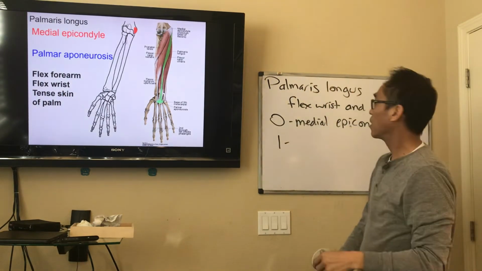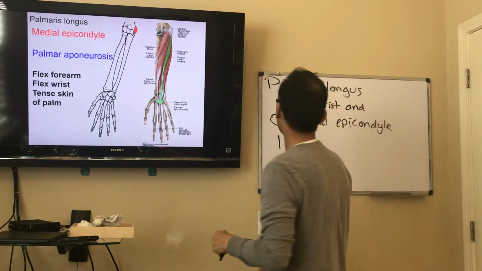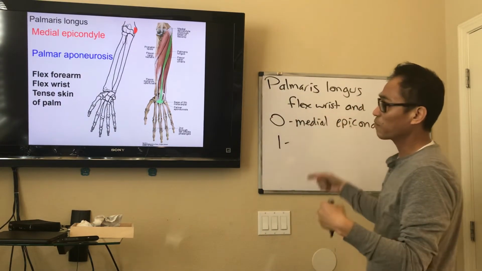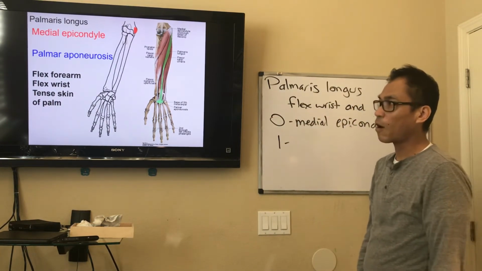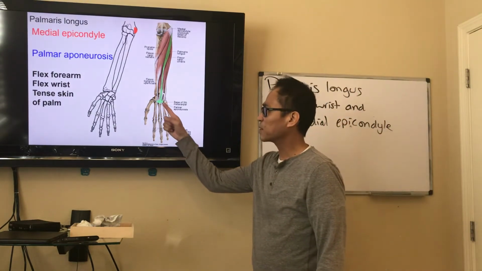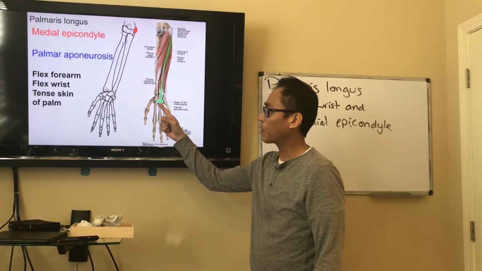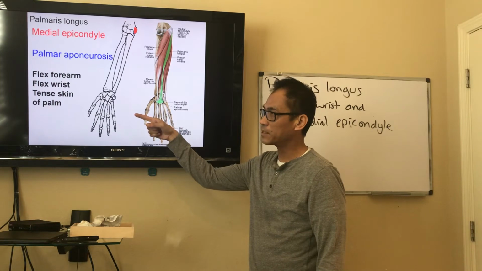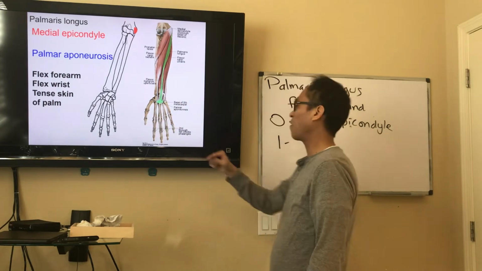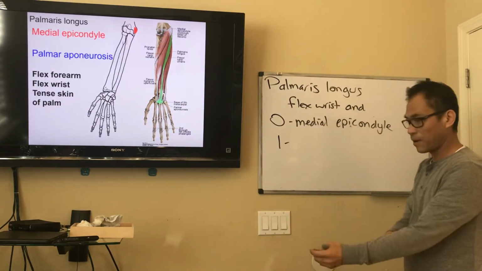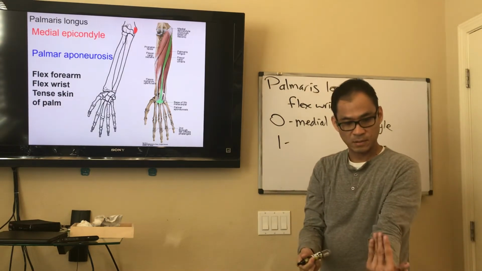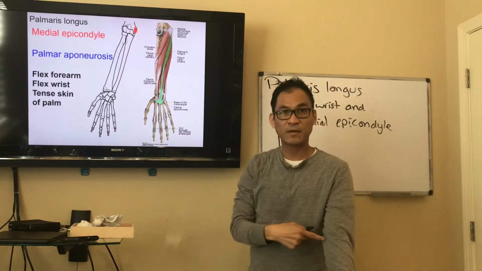This one, it can flex wrist, flex forearm, but because it inserts on this palmar aponeurosis, it can also tense skin of palm. So let's write that all out. I already have flex wrist up there, so it can flex wrist. Because it crosses the elbow joint, it can flex forearm.